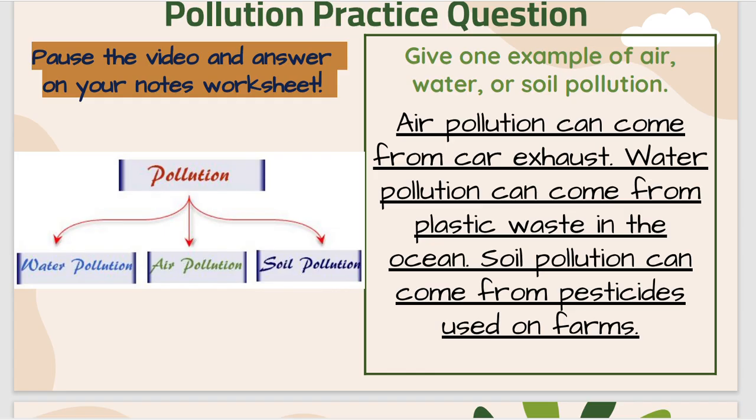Water pollution can come from plastic waste that's thrown into the ocean. And my example of soil pollution is from pesticides or insecticides or fertilizers, whatever you want to choose, from farms. Basically, those chemicals can soak into the soil and make the soil unsafe over time.